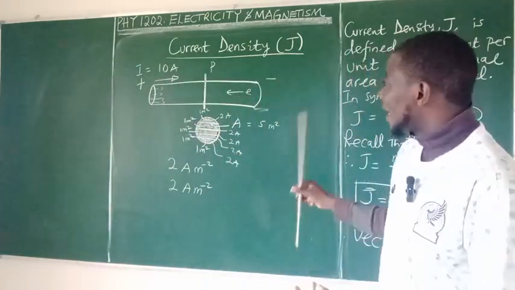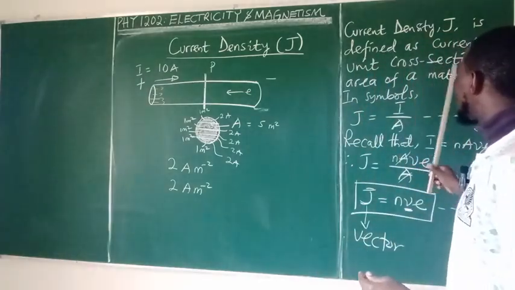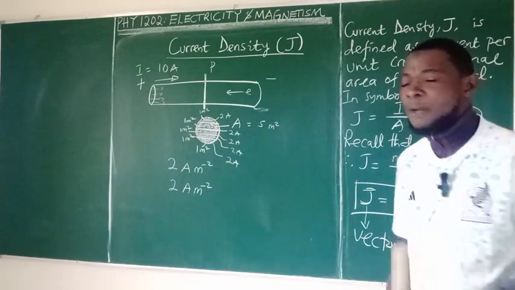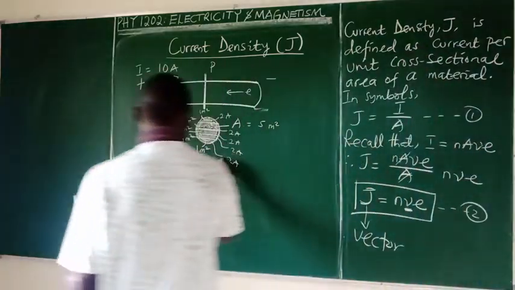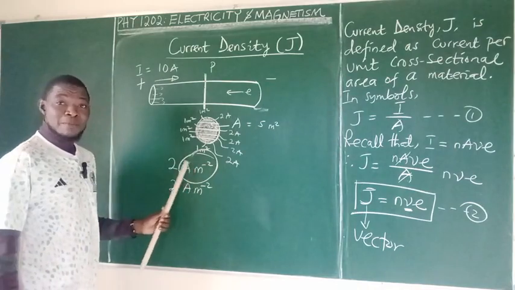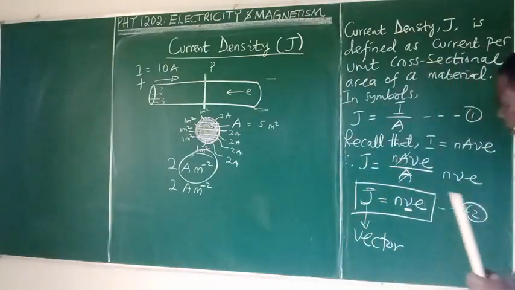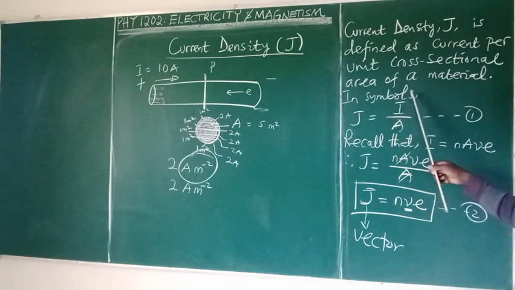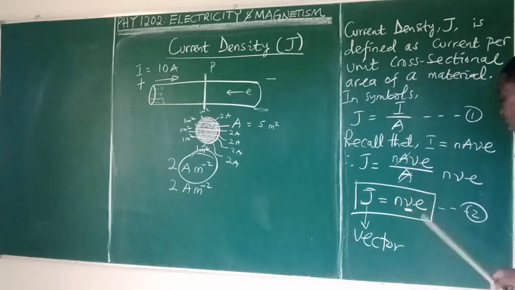So let us give a quick summary. Point number 1, current density is defined as current per unit cross-sectional area of a material, and the SI unit of current density is ampere per square meter. After knowing the unit, we have two formulas for it: J equals I upon A, or J equals nve.